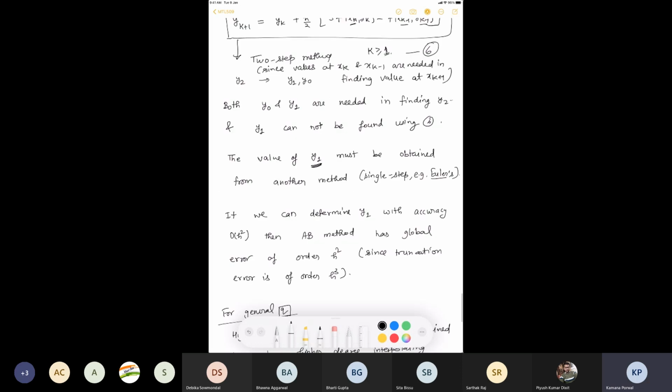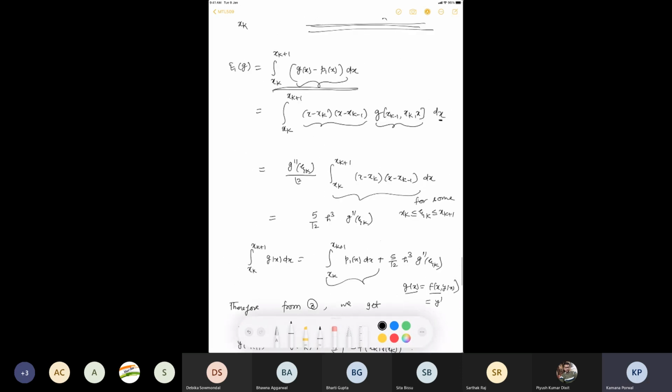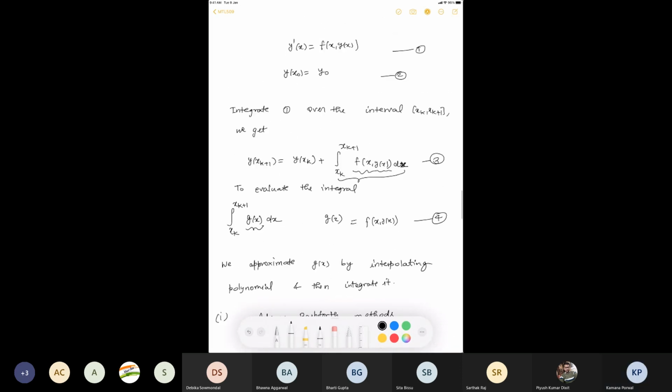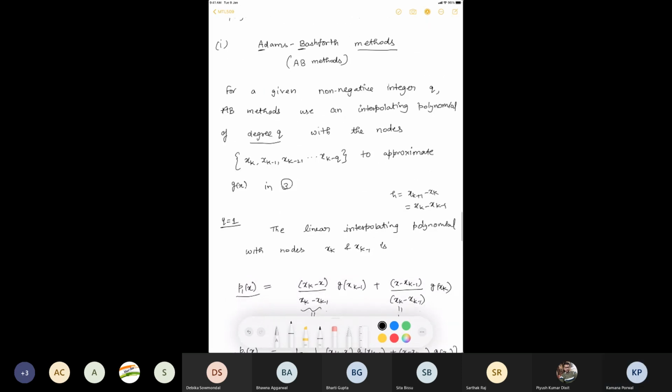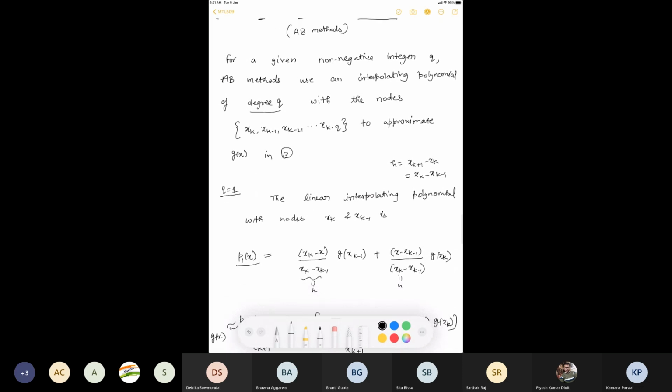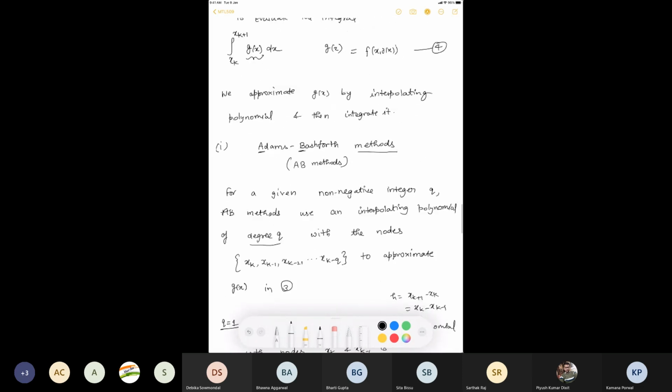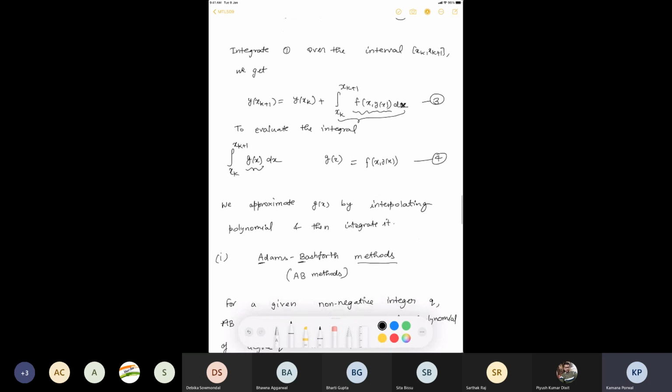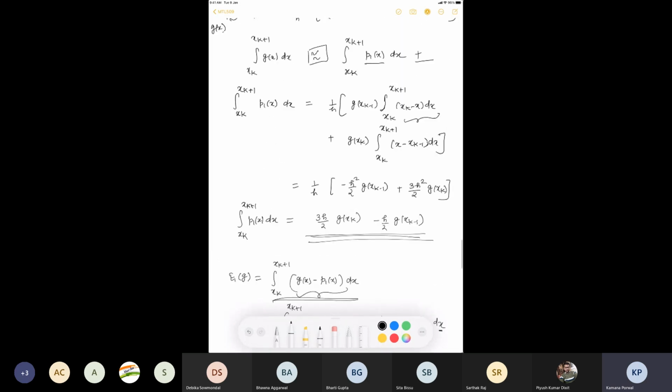So which is the equation where we are using this approximation? So this is equation 3 and 4.